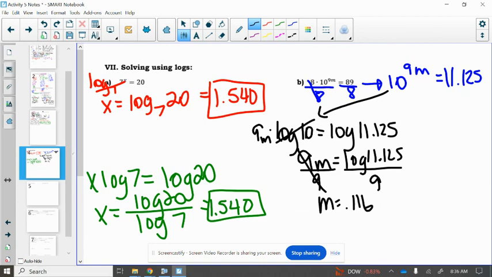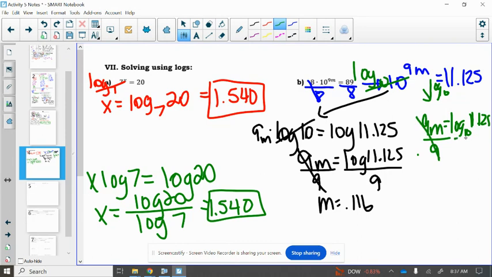Now, officially, from this point up here, again, you could have thought of this as, okay, I'm going to take just log base 10 of both sides to get this to cancel out, and we would have that 9m equals log base 10 of 11.125, which again is the common log, and then divided by the 9.